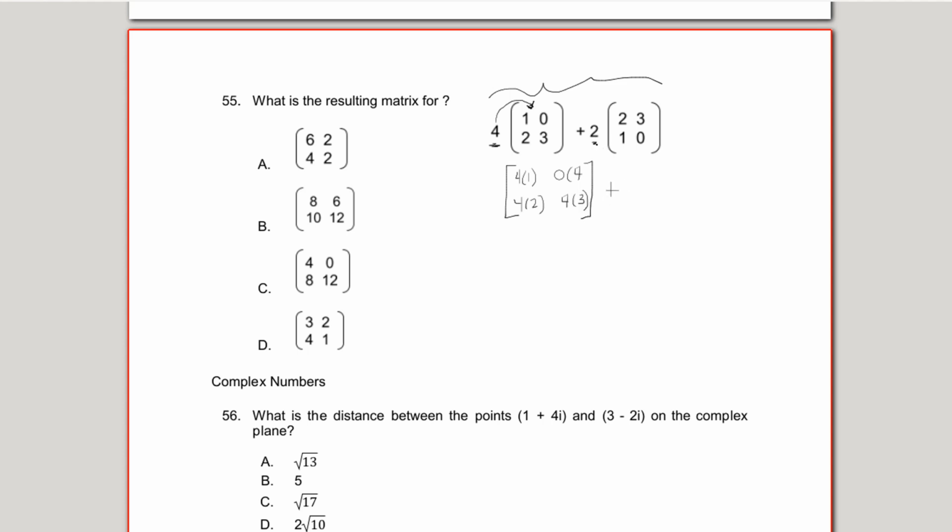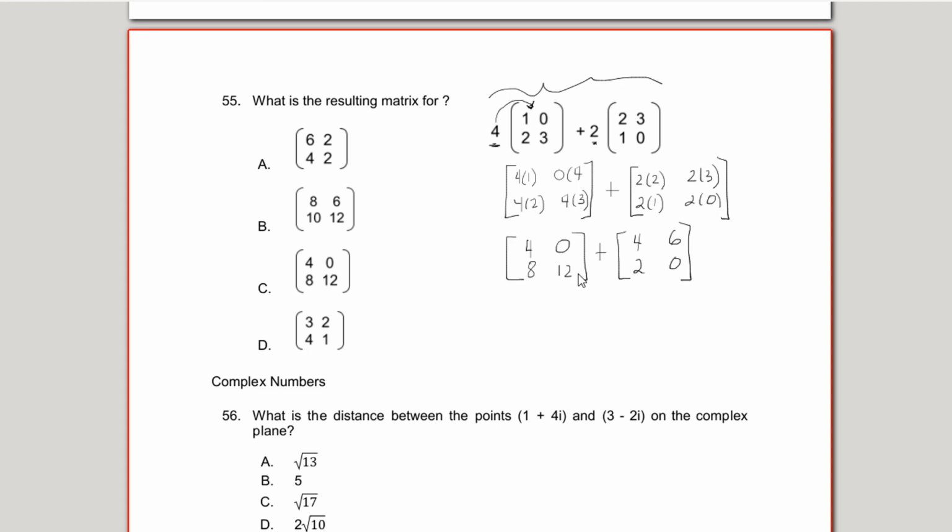Plus, now we're going to do the same thing with the 2. We have to multiply each value by 2. So we have 2 times 2, 2 times 3, 2 times 1, and 2 times 0. Now let's simplify inside here, and then we're going to add. That gives us a matrix of the values 4, 0, 8, and 12, and add to that the matrix that is 4, 6, 2, and 0.